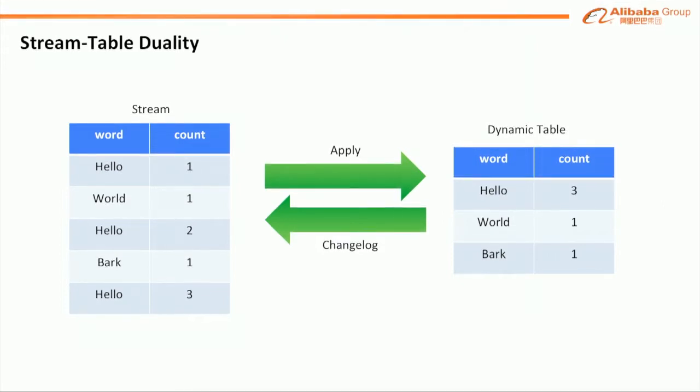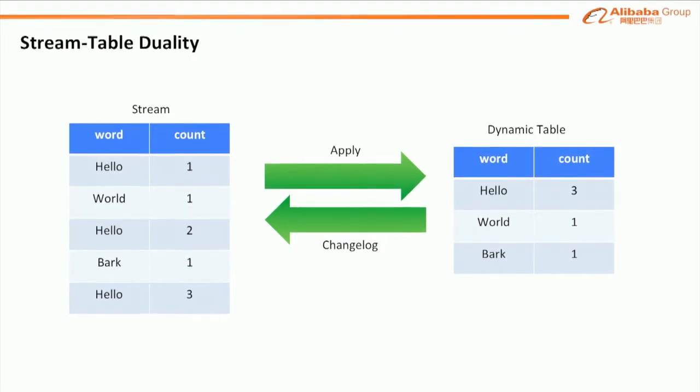You can do this the other way around. If you have a dynamic table, you can derive its changelog first, then apply the changelog. You will get another dynamic table, which is equivalent to the dynamic table that you started with. So in some sense, the stream and the dynamic table contain the same information. And this is the so-called stream and table duality.